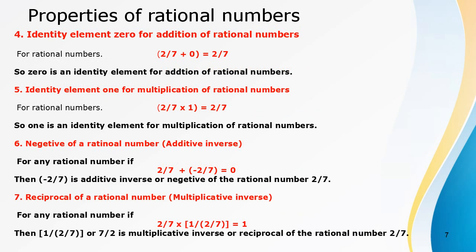Similarly, if we take the negative of a positive number, then the sum of the negative number and the positive number will be 0. We can say that the negative number is the additive inverse of the positive rational number. Similarly, if we take the reciprocal of a rational number, the denominator will become the numerator and the numerator will become the denominator. So the product of the rational number and its reciprocal will be 1.